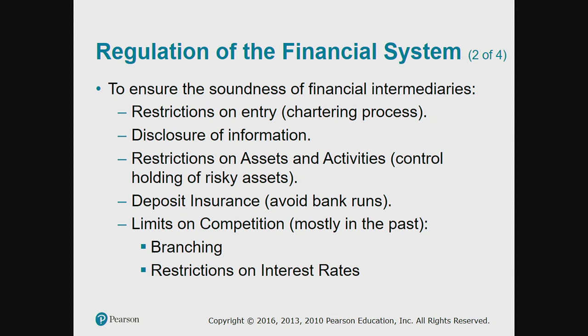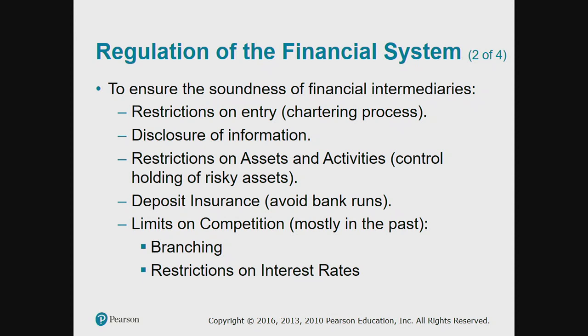So if there's a run on the bank and banks don't keep enough money on hand, the FDIC will pay the individual up to whatever that limit is, say like $200,000. So you're guaranteed to have that. The purpose of that is to prevent runs on banks, because if you know the money is there, then you don't have to run in and take it out before the bank collapses.